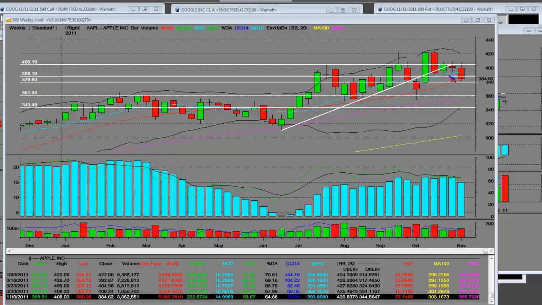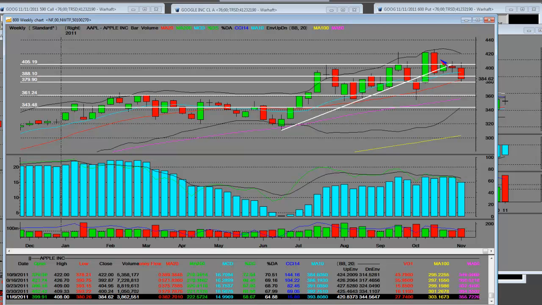First, I'm going to start with the standard weekly chart. The 10-week moving average is being violated at 393.80 in the standard public model. That blue line is the 10-week. We've come down, and once again, even when Steve Jobs was alive, we very seldom get below these key weekly moving averages, but Apple always returns and trends very quickly.